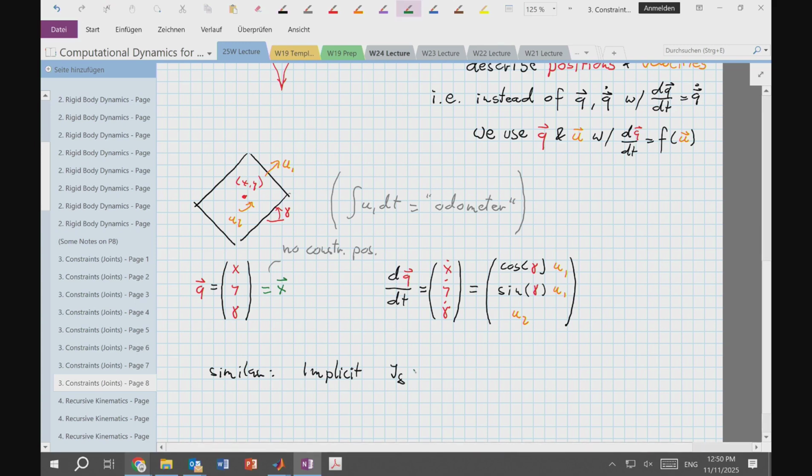Jg transpose times x dot equals 0 exists as a constraint, but we cannot integrate it, so there's no Gc of x equals 0. And in this example, to be honest, where q and x are basically the same thing, I would just have to rearrange these equations to get an implicit formulation of what we just saw.